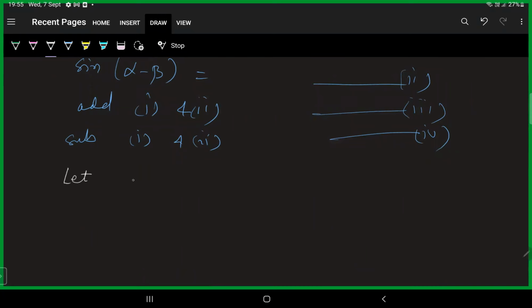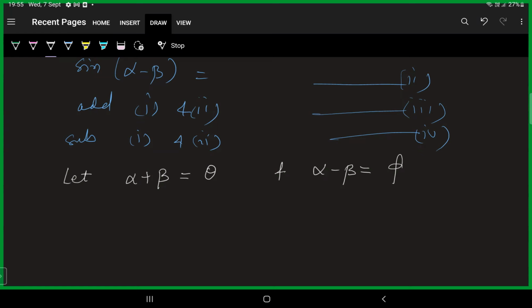Let alpha plus beta be equal to a new angle, some dummy angle theta. Okay, let's say that. And alpha minus beta is equal to some angle phi. It can be anything, so I'm just assuming theta.